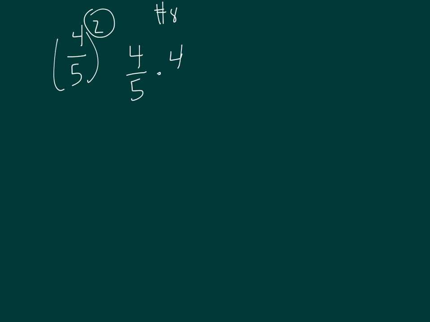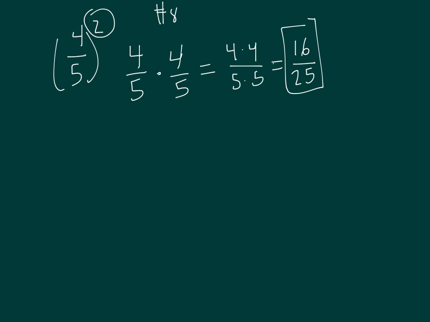So this becomes 4/5 times 4/5, which would be the top times the top over the bottom times the bottom. 4 times 4 is going to give me 16. 5 times 5 gives me 25. Then you would reduce this fraction, but that is as simplified as this gets. There are no common factors between 16 and 25.